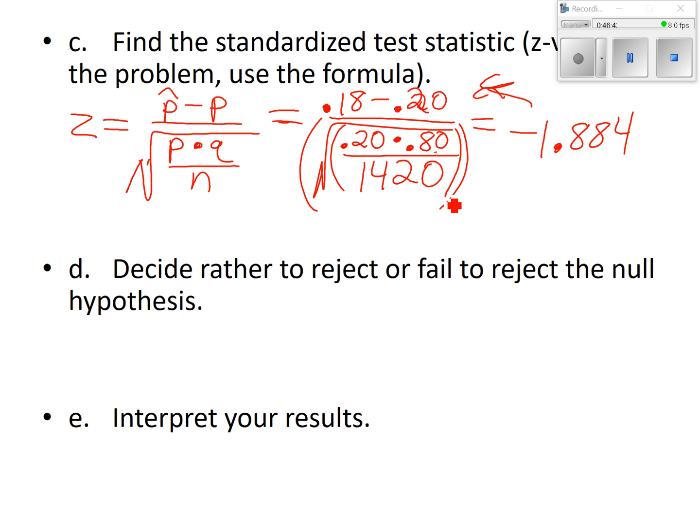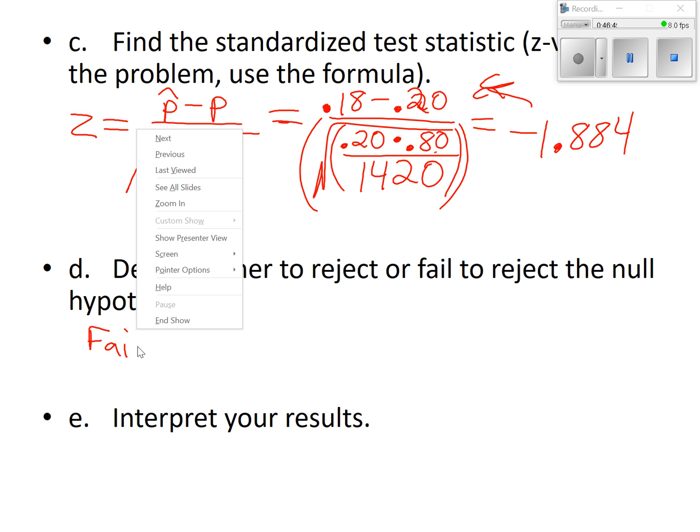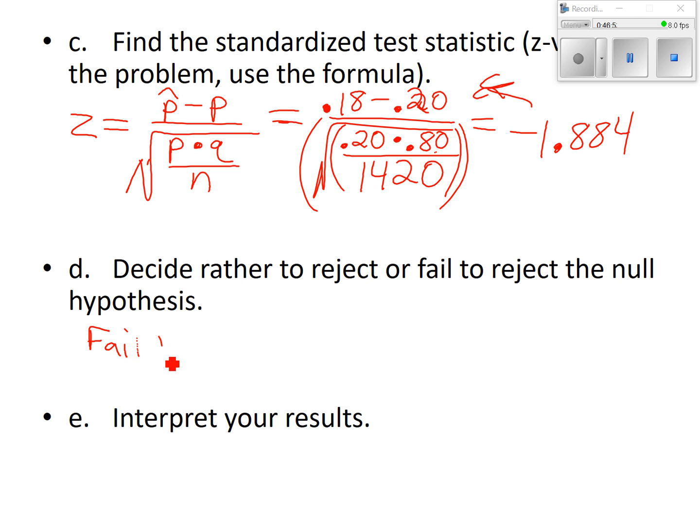Looking at your little graph, is that in the shaded or not shaded? So that tells us to fail to reject the null. First part of our sentence, what was our alpha? 2%. So with a 2% level of significance, our claim was the HA this time, right? Yeah.